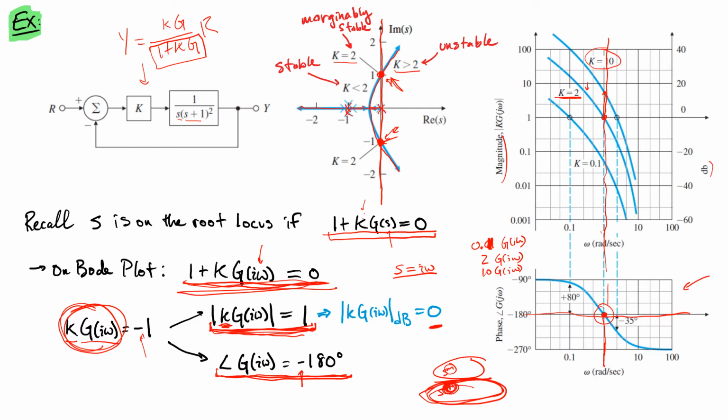And on the flip side, if we have a gain that's less than this critical gain 2, so it's now 0.1, we can see that the magnitude is less than 1 at the same value where the phase is at minus 180.